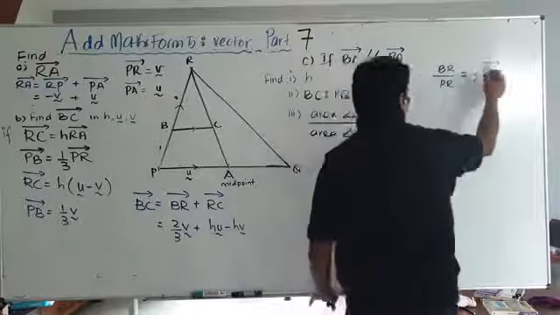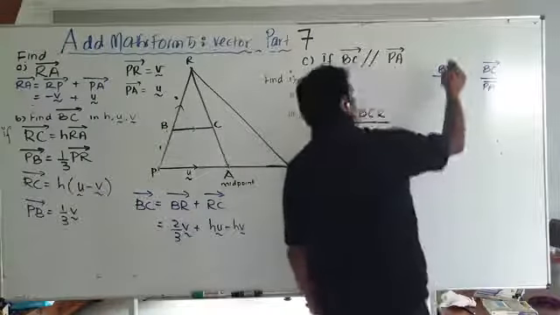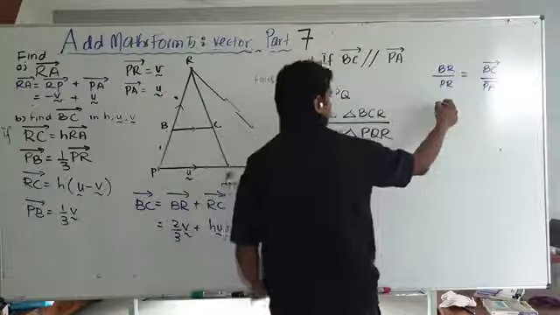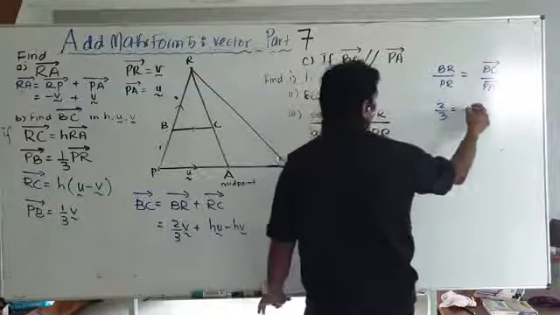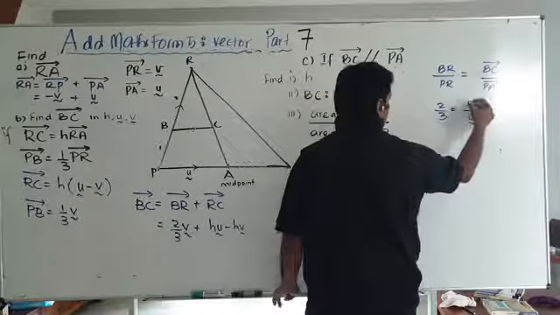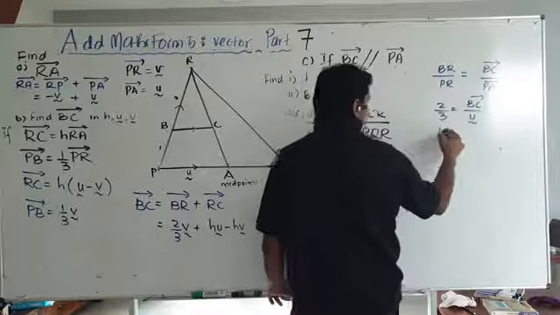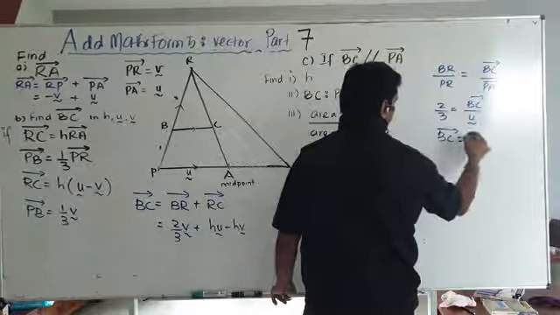So vector over vector. So what do we get? BR is 2 parts. PR is 3 parts. PA is vector u. This is BC. Which means we can find that BC is actually 2/3 of vector u.